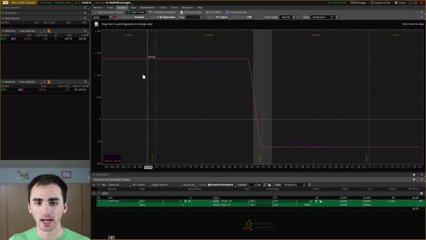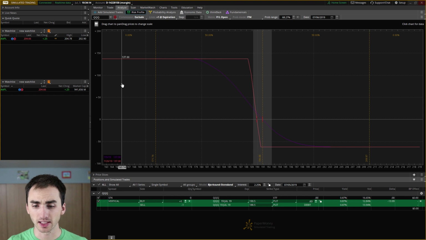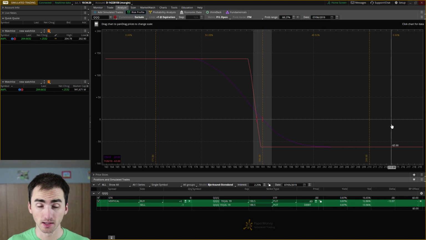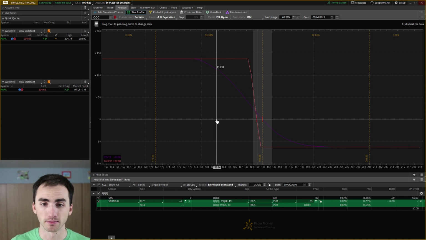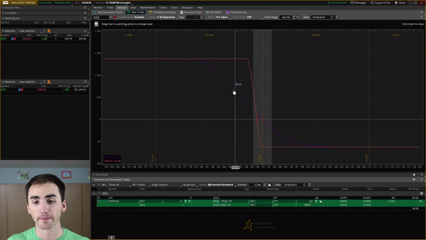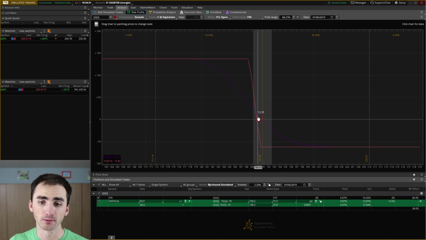And so as the stock goes down, this is actually kind of the flip of the last one we did. We have 137 max profit and 63 max loss, and this is just on the flip side. The purple line again is the current price if the stock was there, and the more reddish line is at expiration.